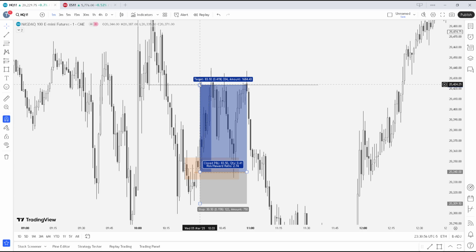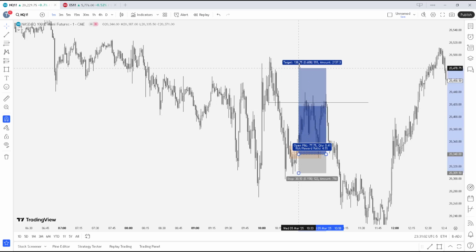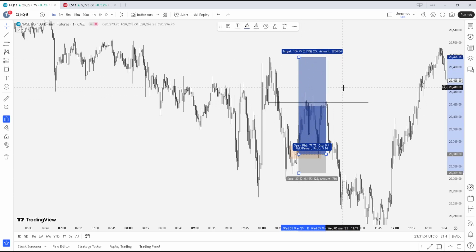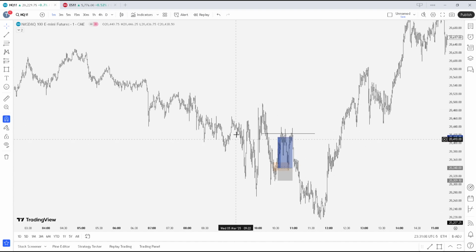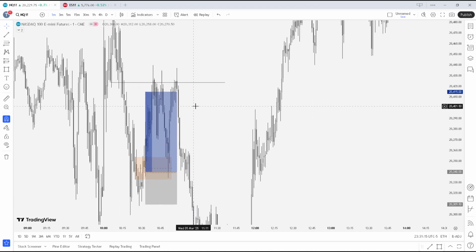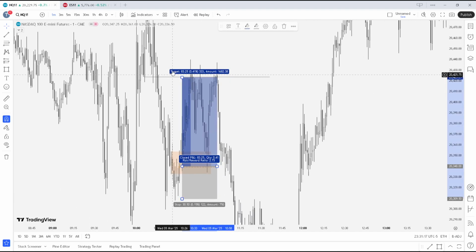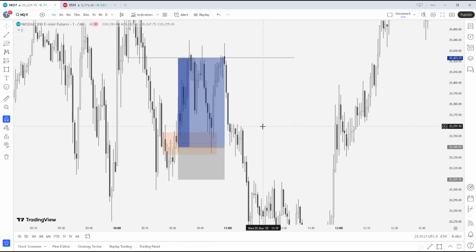Otherwise, swing highs like this one would be a good TP. And yeah, if you put it up here, then it wouldn't have actually worked out. But when we zoom out, you can see we're in a downtrend, so we are bearish overall. So something like this CISD expecting a retracement would make sense.